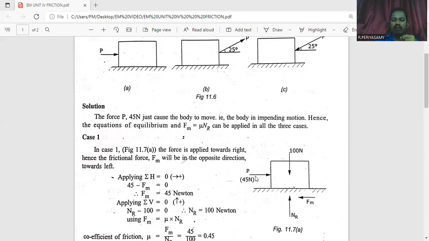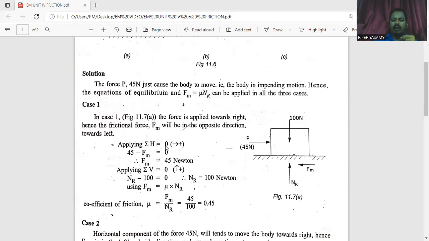In this case, we give the 45 Newton force towards the rightward direction. When the body moves in the rightward direction, the frictional force is created in the leftward direction. Here two vertical forces and two horizontal forces act. Now we consider the sum of horizontal forces equal to 0.